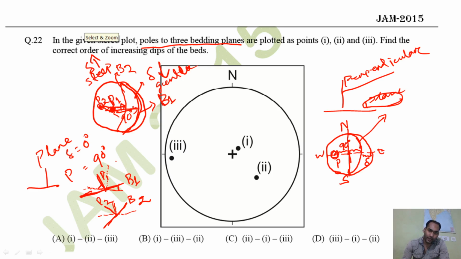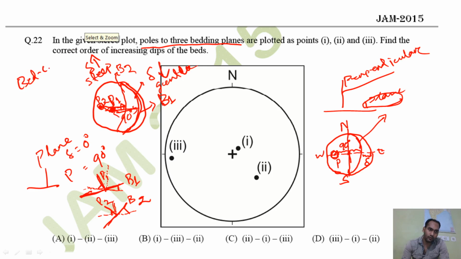So when the bed is steeper, you can see the pole will be closer to the horizontal, or closer to the outer circle. When the bed is closer to the outer circle, the pole will be nearer to the center. When the bed is closer to the center, the pole will be closer to the outer circle. So I'll write it here.